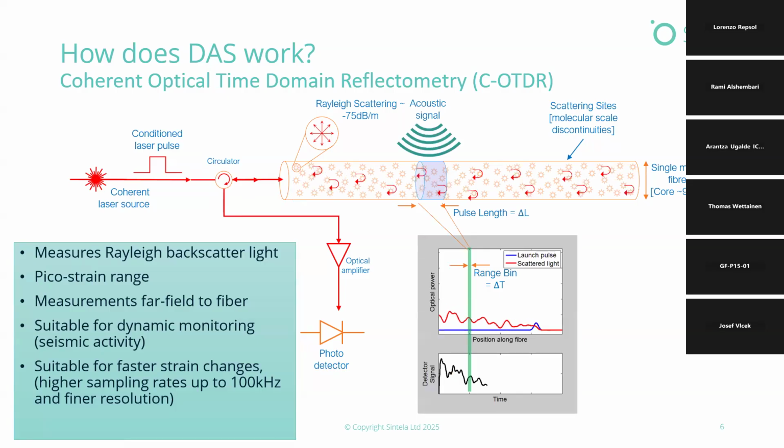From there, we can measure the strength of that seismic event, and its location, frequency, and phase. As I mentioned, picostrain, it's far field, and it's suitable for dynamic monitoring like seismic activity or dynamic loading, especially for deep underground hard rock mines. That opens up a lot of applications for monitoring the rock mass response as well.